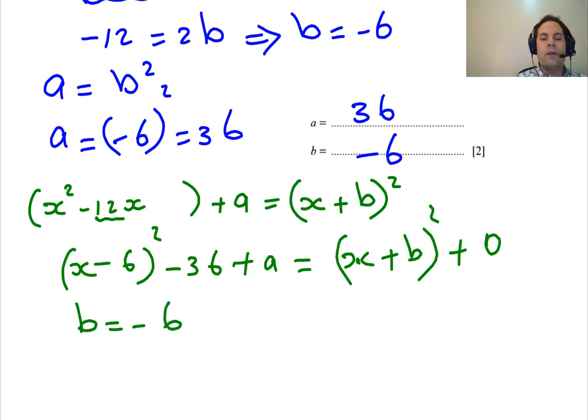The constant is equal to 0, so negative 36 plus a is equal to 0, so a is equal to 36. You will get the same answer.